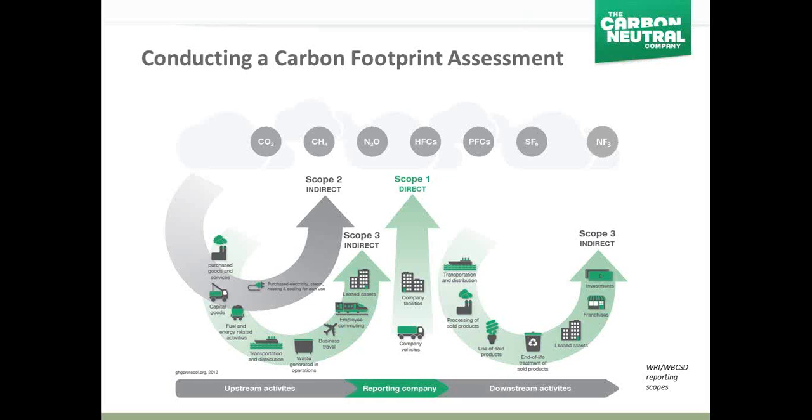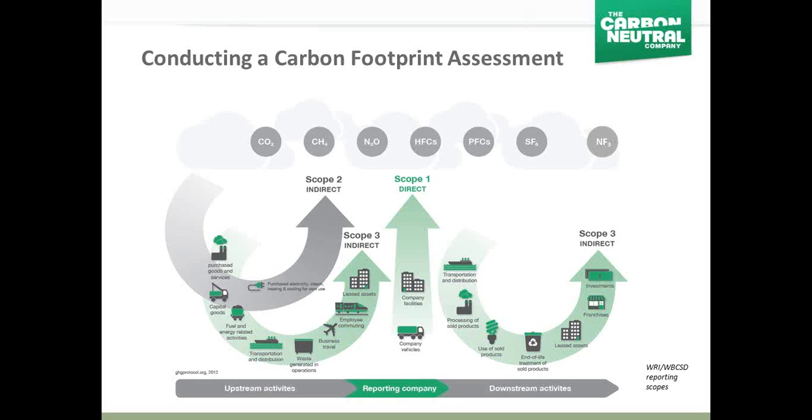And these include sources such as company-owned vehicles and other on-site stationary fuel combustion and fugitive gases. While indirect emissions from purchased energy that is generated off-site are Scope 2 emissions, and they're depicted by the gray arrow on the left. And all of the other indirect emissions are referred to as Scope 3 emissions, which are depicted by the other green arrow.